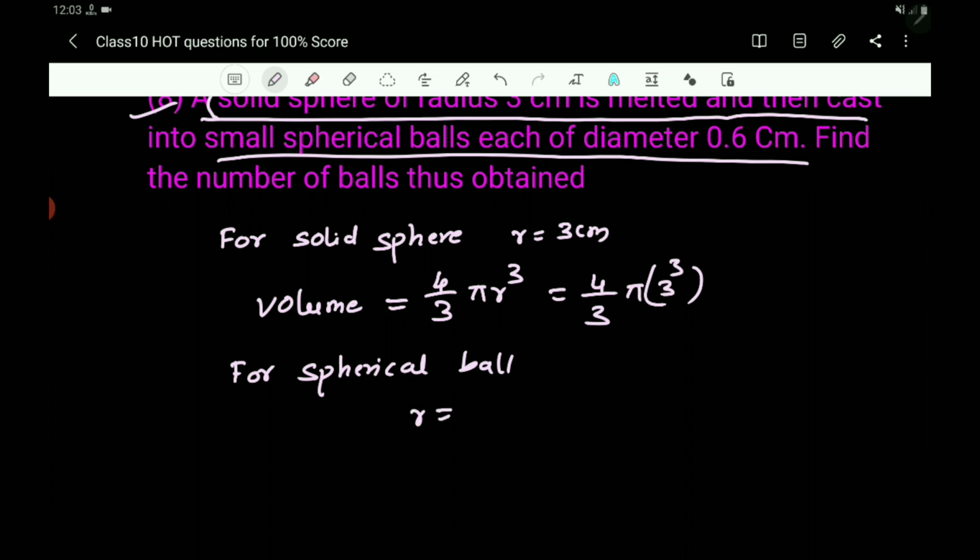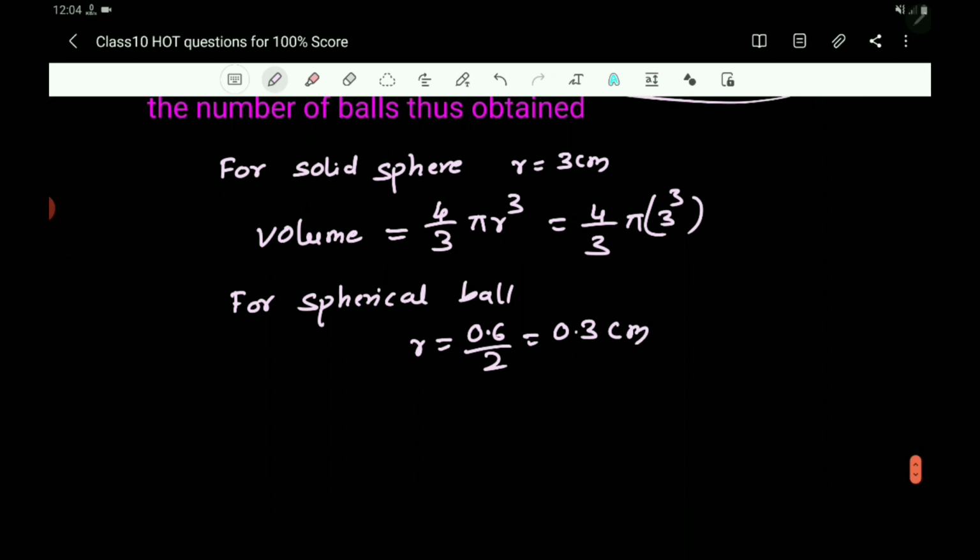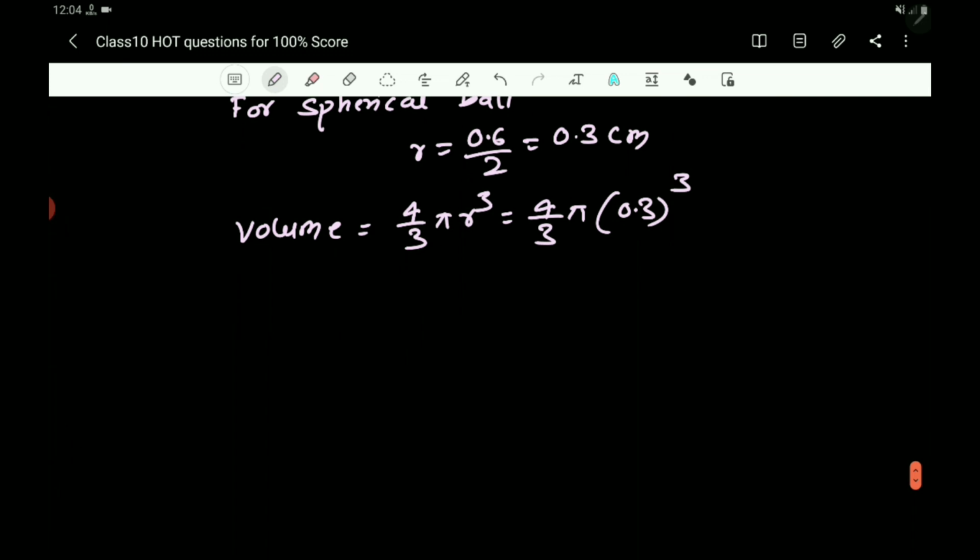R is 0.6 by 2, because the diameter is given. To get the radius, we have to divide it by 2, so it becomes 0.3 cm. Then volume equals the same formula, 4 by 3 pi r cube, that is 4 by 3 pi 0.3 whole cube.